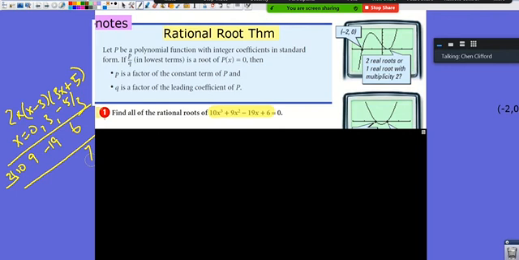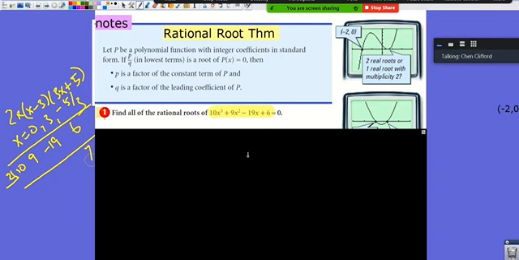From there, we try a whole bunch of synthetic divisions, but of course you can go on forever and ever. So how do we narrow it down? That is the key of today's lesson.